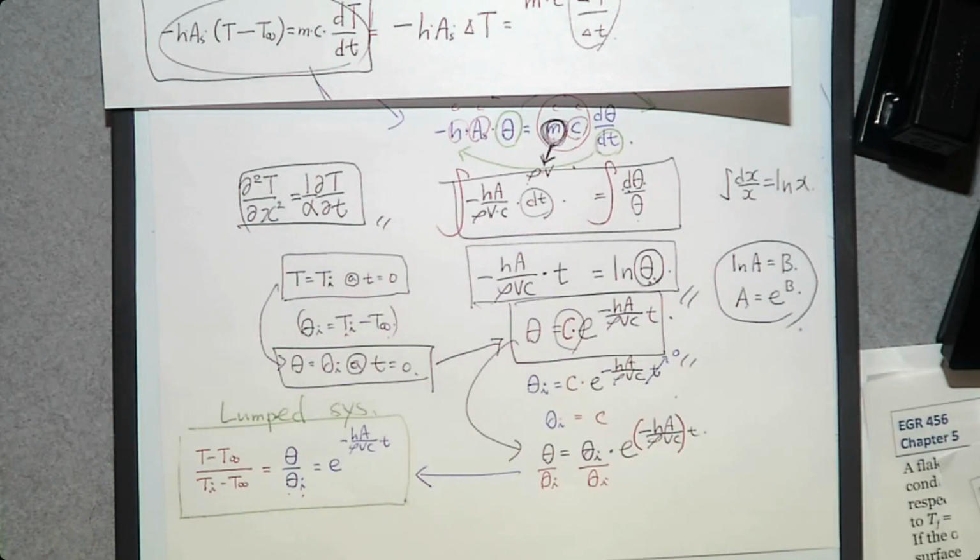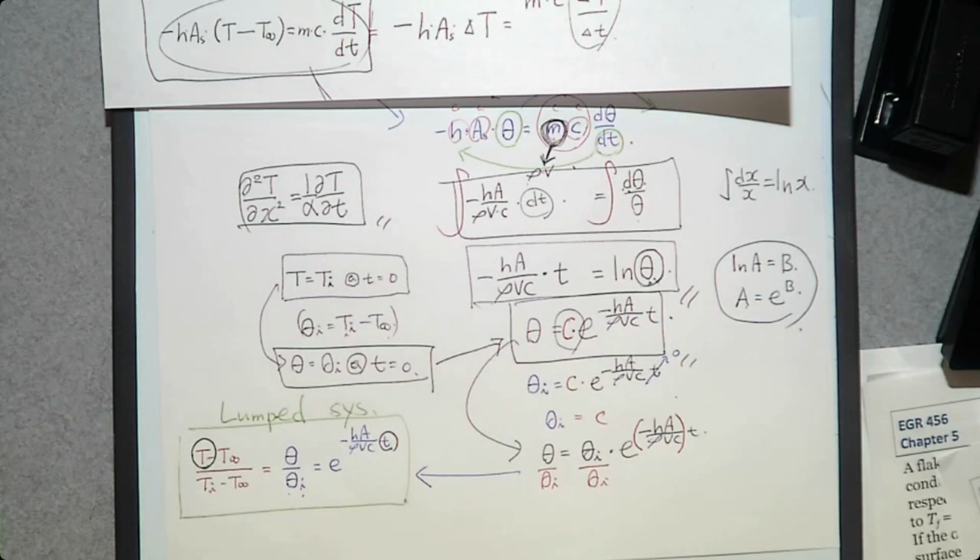Then what are the variables here? If you know time t, you can determine the temperature of the solid at this time t. Or if you know the temperature of the solid, you can calculate how long it took to get this temperature. Okay?